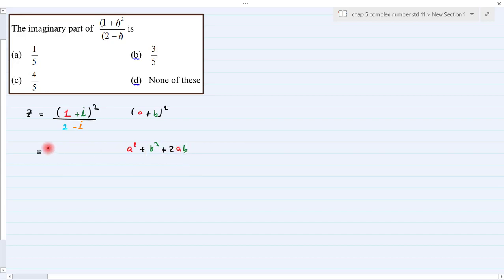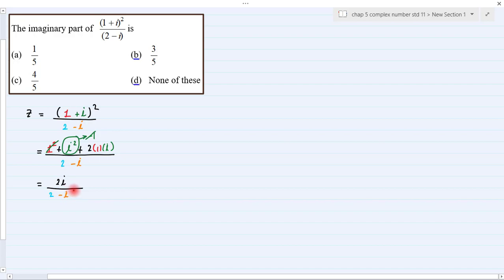So in the numerator we will get 1 square plus i square plus 2 times ab, which is 1 and i, upon 2 minus i as it is. Now as we know, this i square is minus 1. So 1 and minus 1 will cancel out, and in the numerator, the only remaining term is 2i.